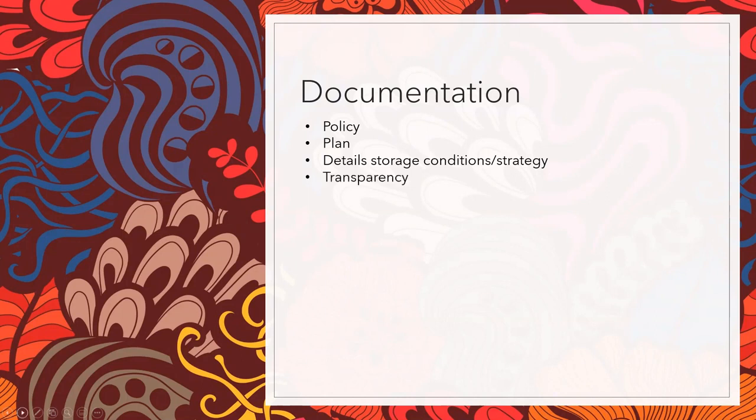So this can really aid transparency, which is something that we've talked about in this course already. It can really lift up the hood and show researchers and the public and resource allocators, this is why we're making the decisions that we're making. And that can allow them to understand digital preservation a little bit better. It can help them understand the challenges of digital preservation a little bit better.